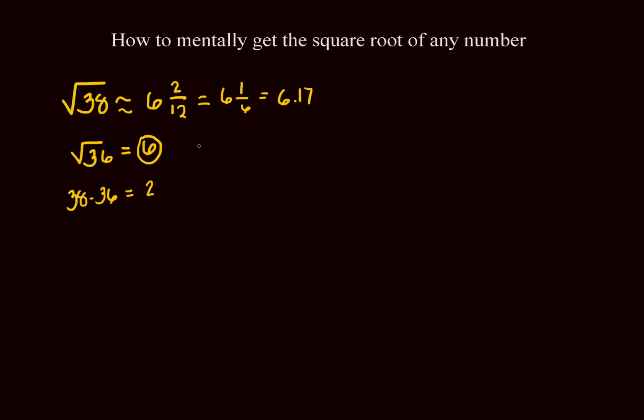So therefore, the approximate value of the square root of 38 is just equal to, or approximately equal to, about 6.17, and its actual value is actually 6.16. So if you notice, the difference between 6.16 and 6.17 is very, very small. So it's a very, very good approximation for the square root of 38.